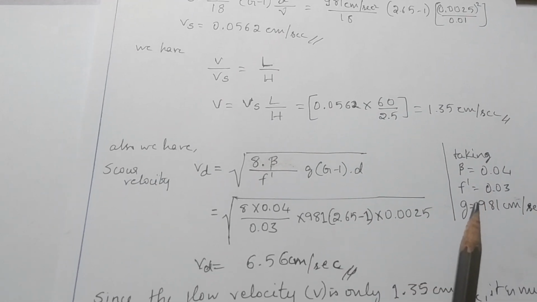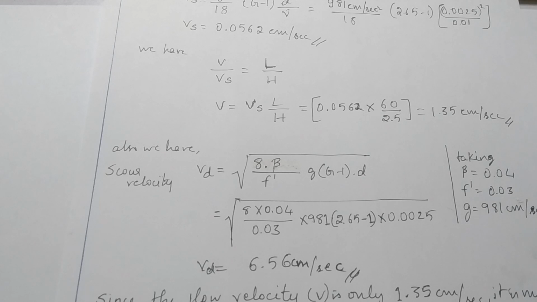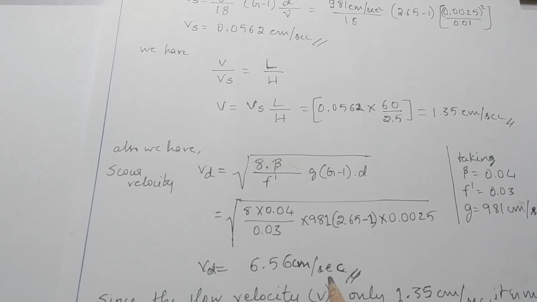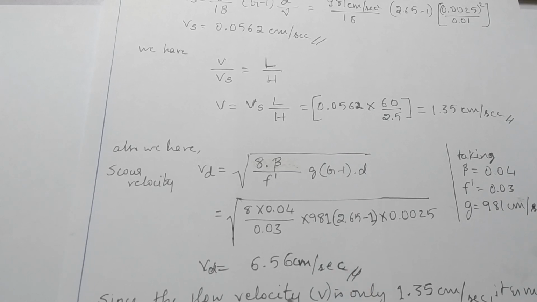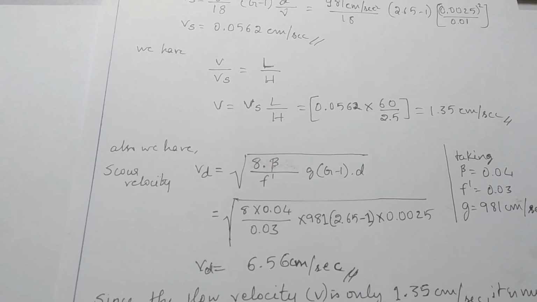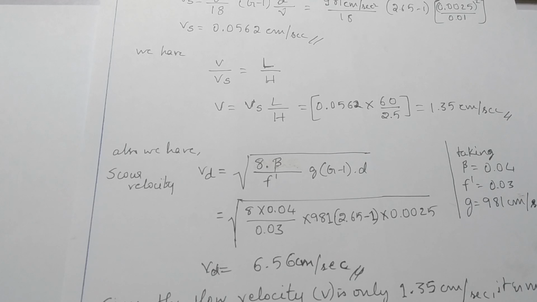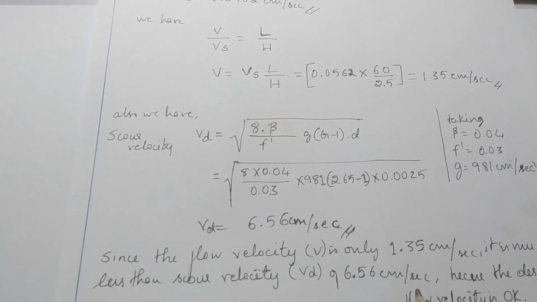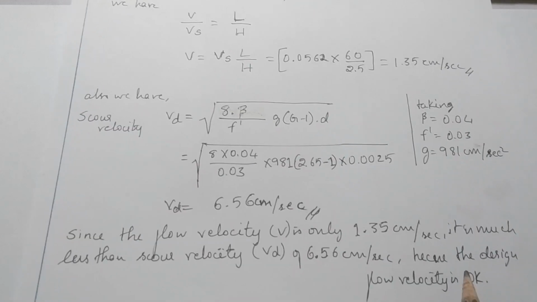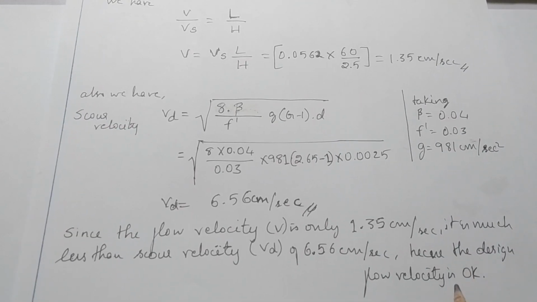After substituting, we have got the scour velocity as 6.56 centimeter per second. That means the flow velocity is only 1.35 centimeter per second. It is much less than the scour velocity, that is 6.56 centimeter per second. Hence the design flow velocity is okay.